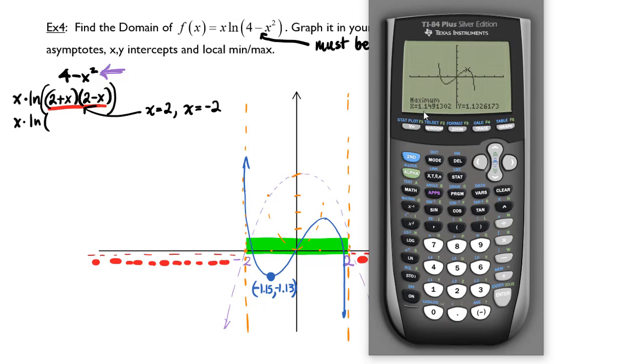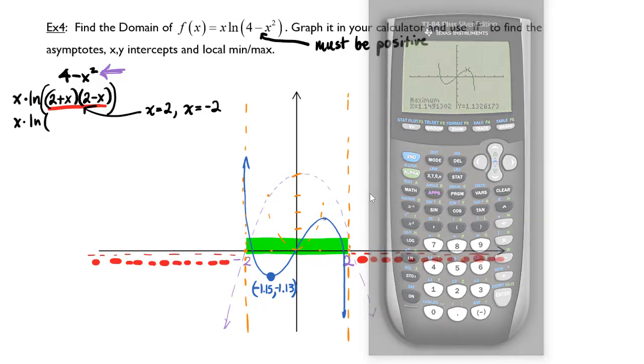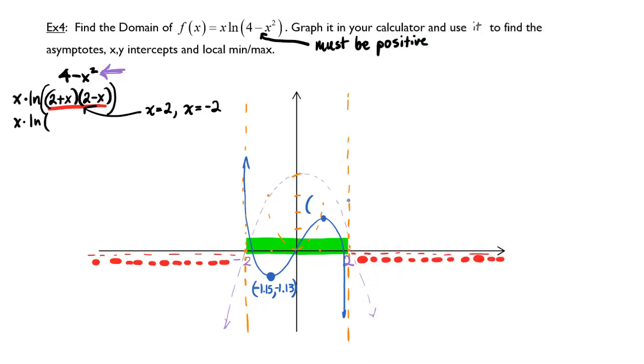And sure enough, we have an interesting symmetry here. The maximum has the same values, but positive. So we have a coordinate point at our maximum, which is positive 1.15, comma 1.13.